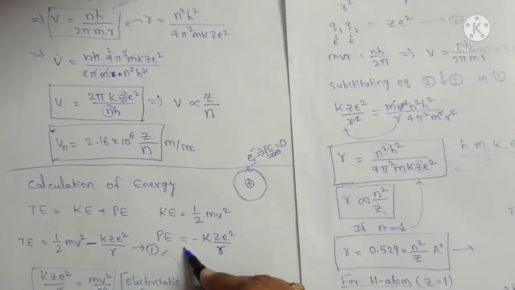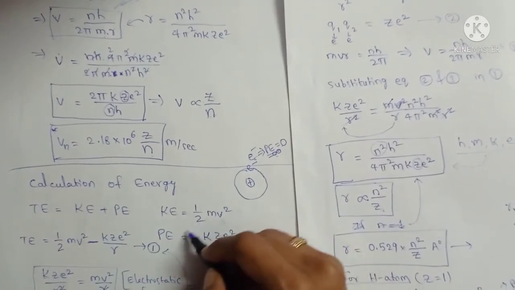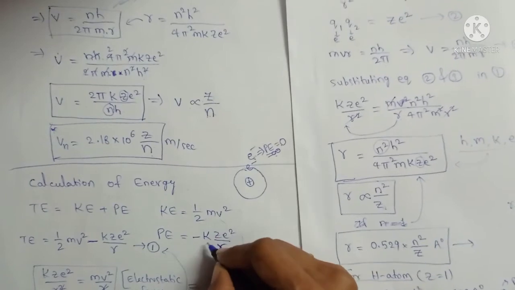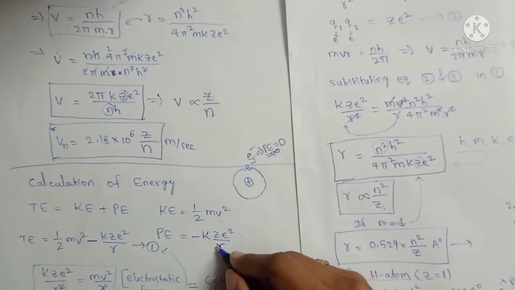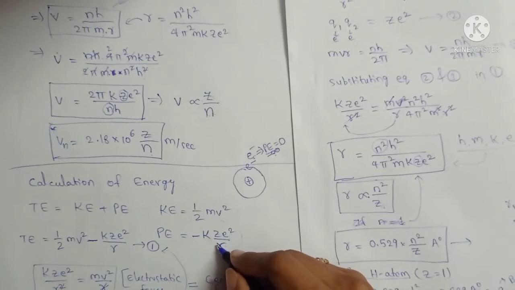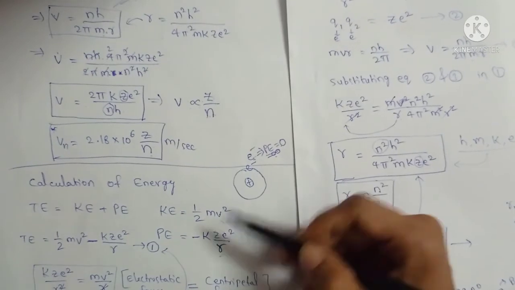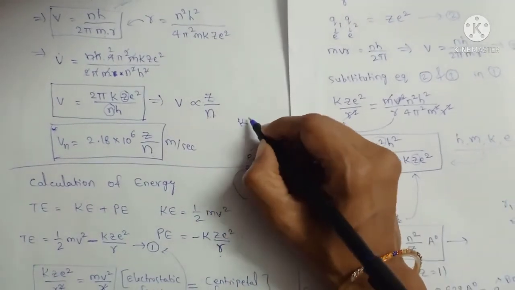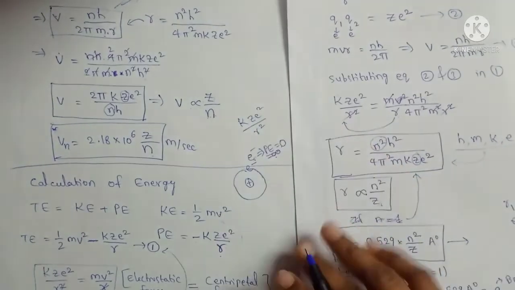Just remember this equation, there is no need to derive it. Just remember minus k Z e square by r. This comes from integrating the electrostatic force of attraction equation. The electrostatic force of attraction is equal to k Z e square by r square.